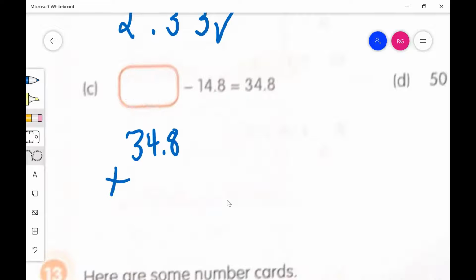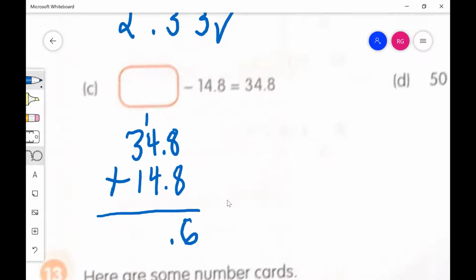I don't want you to write the x there. Plus 14.8, and that should give us our answer. So once we add this up, bring our decimal straight down. That should be 49.6 for our answer there. So it should be 49.6.